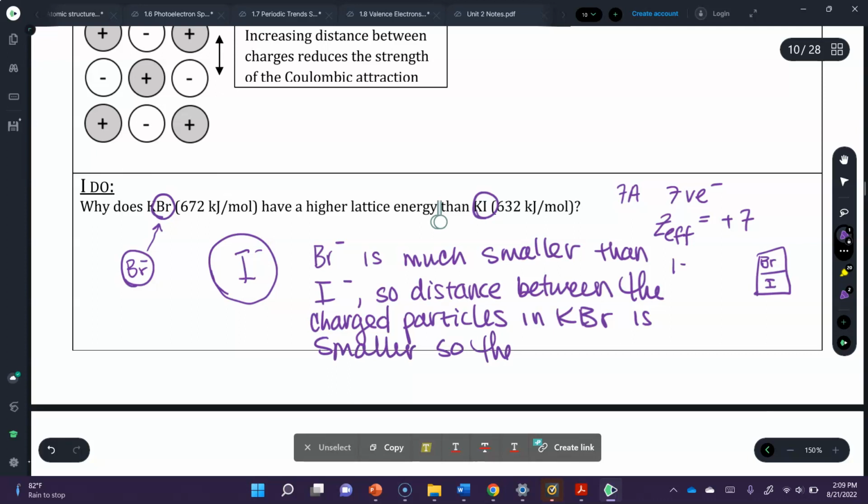So the attractive force, and thus lattice energy, is higher.